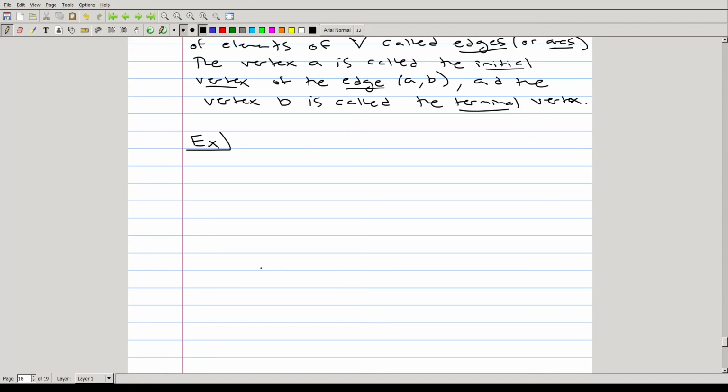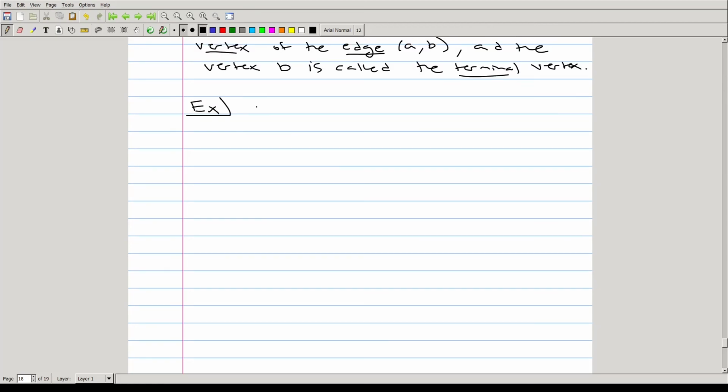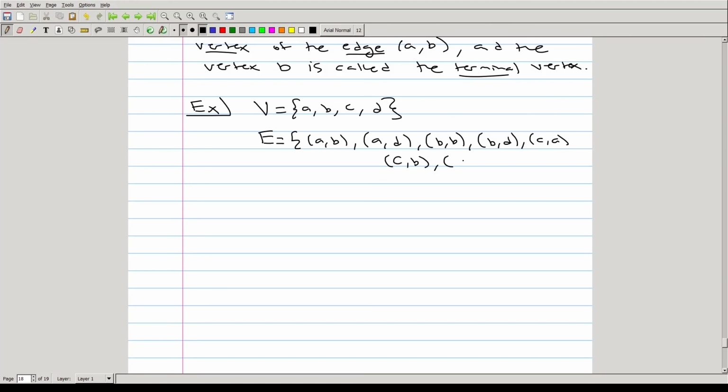So for example, if we have, say, a vertex set A, B, C, D, and an edge set AB, AD, BB, BD, CC, CA, CB, and DB.